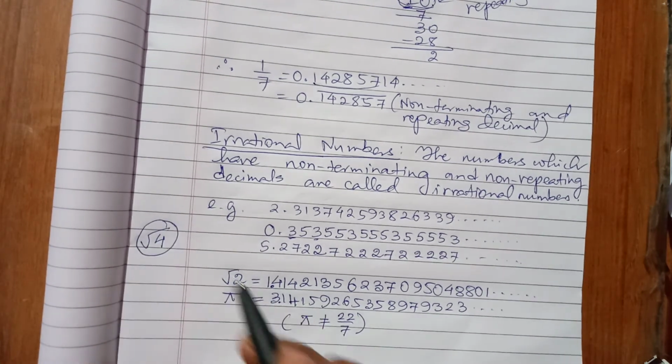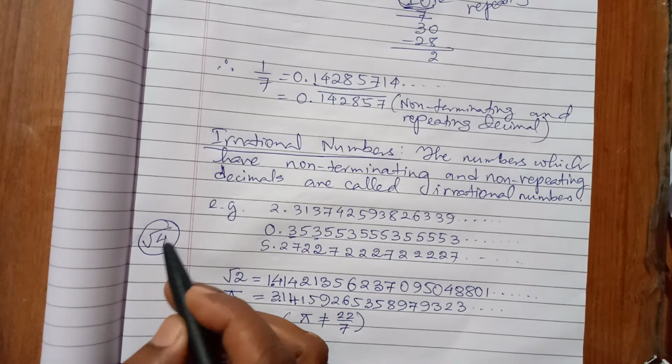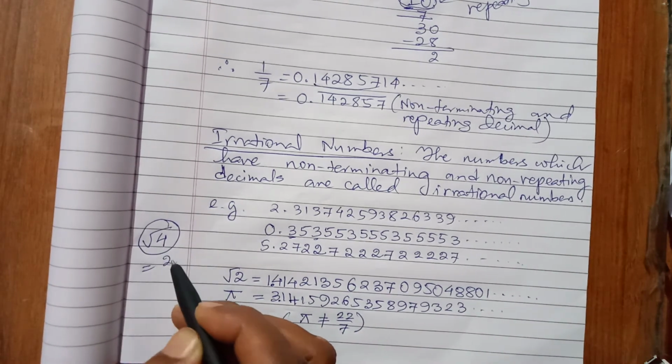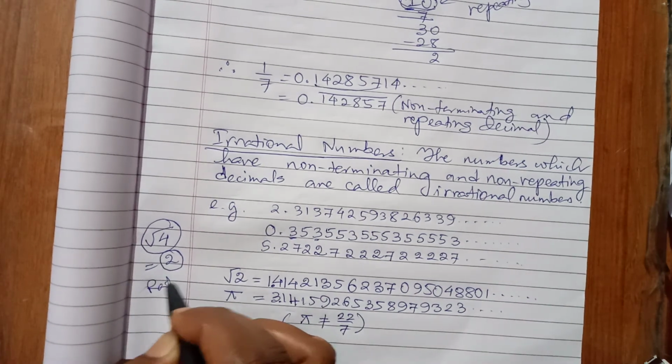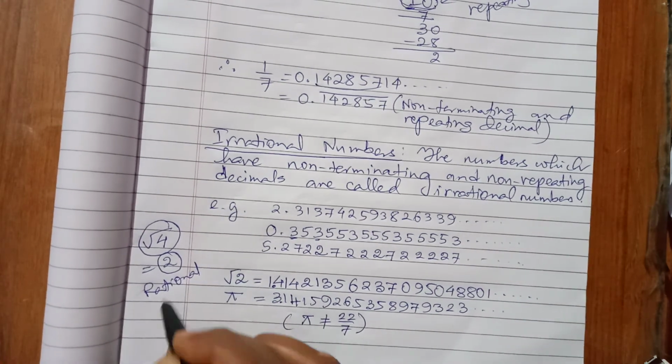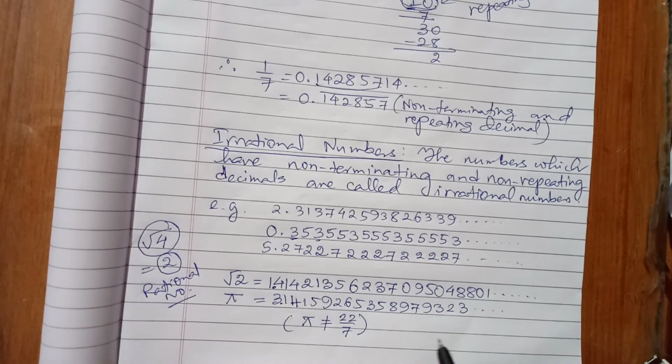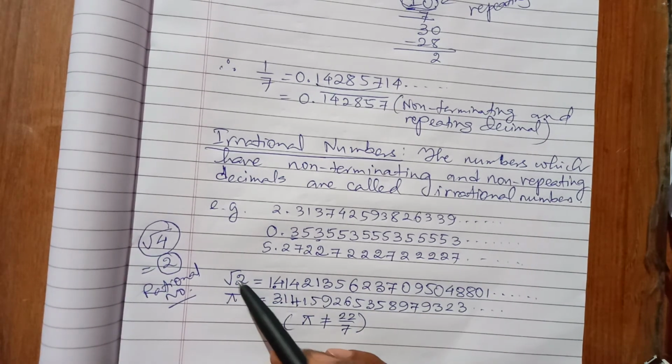So do you think this is an irrational number? No, because root 4 value is here 2, which is purely a rational number. But here the square root of 2 we cannot find. Exact square root of 2 cannot be obtained here. So root 2 is your irrational number.